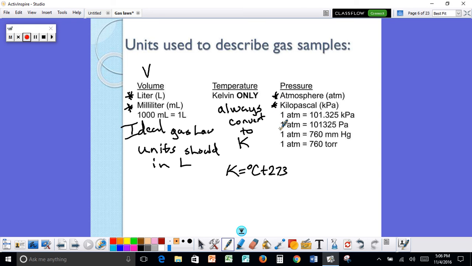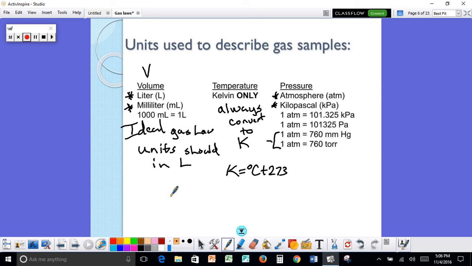Now today, on some of the problems that we'll work, we'll see units of measure in millimeters Hg or torr, which essentially those two are the same thing. 1 atmosphere is equivalent to 760 millimeters of mercury. That measurement typically comes from a barometer, and so it's just kind of important to know that conversion.